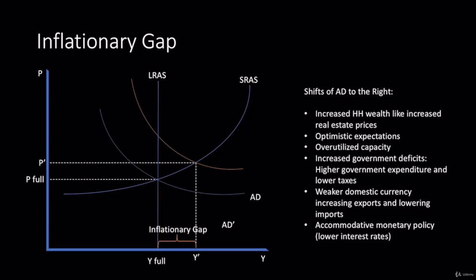In this case, we have an inflationary gap, and the causes of that inflationary gap are like before, but the opposite. So increased household wealth, optimism, increased government deficits, so more government spending, lower taxes, and lower interest rates, again, usually poorly timed as well.